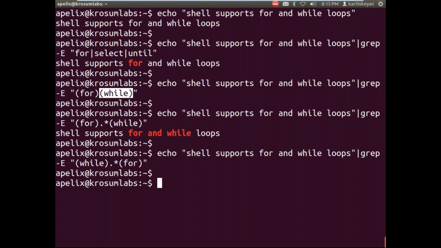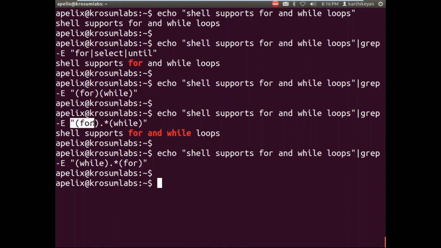Even though the while keyword is there and the for keyword is there, why is it not matching? In the left to right order, the first portion of the data is not while. That's why it's not matching. In the second portion of the data, there is the while. So for the first one, if a for and while combination word is there, it will match.